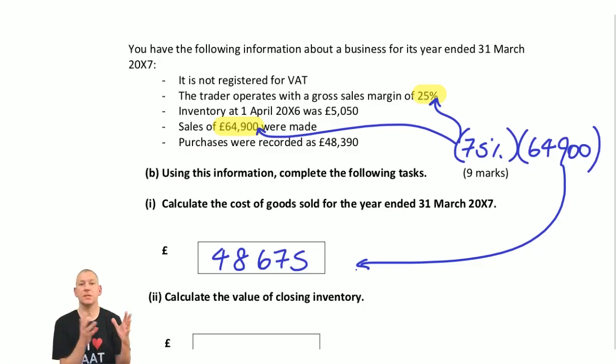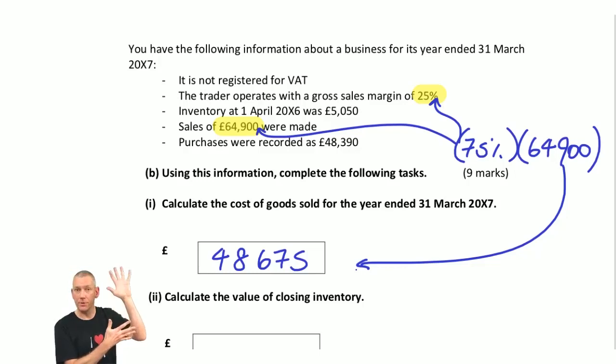Back to this. So this is a real exam question from 2016 that the AAT are now using as an example, as a simulation on their website. So what is it talking about? It's talking about playing with numbers. It's talking about gross profit margin. Gross profit margin, as you can see, is the gross profit over sales.